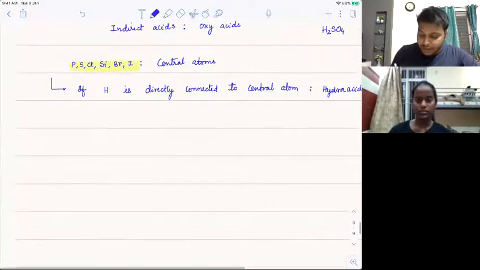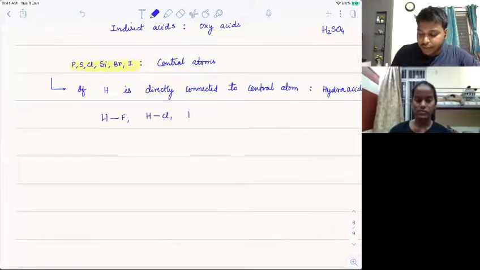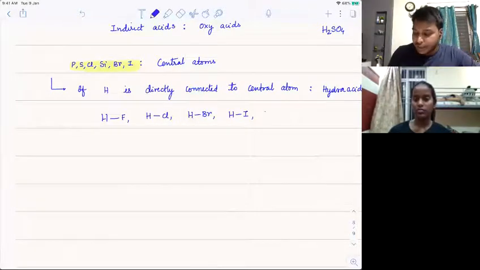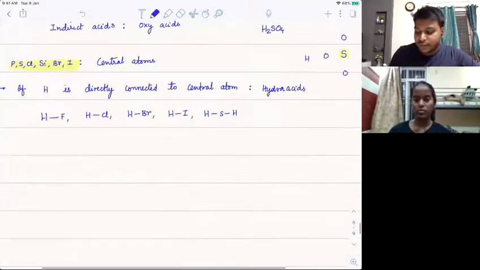For example, H directly connected to fluorine, H directly connected to chlorine, H directly connected to bromine, H directly connected to iodine, two hydrogens directly connected to sulfur, two hydrogens directly connected to selenium.